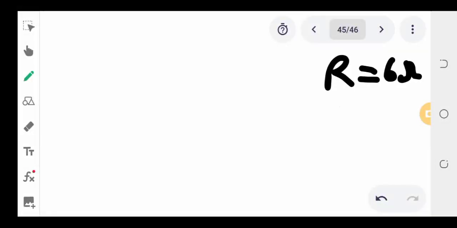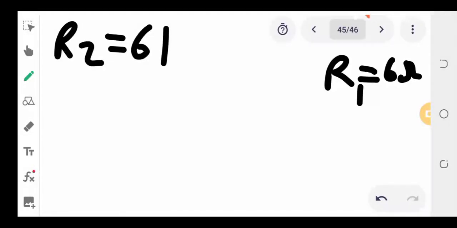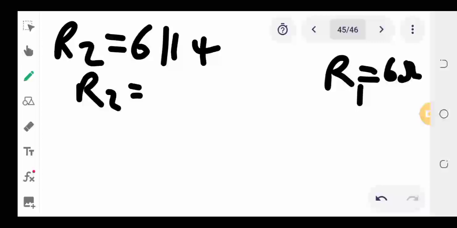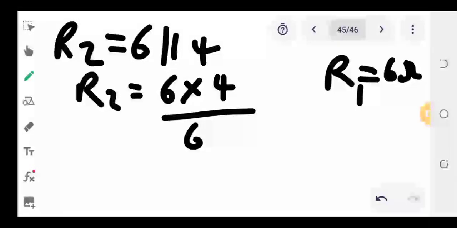In this case, I'll be denoting this as R1. So my R2 will be a combination of the 6 ohm resistor in parallel with the 4 ohm resistor. So my R2 is equal to 6 times 4 over 6 plus 4.